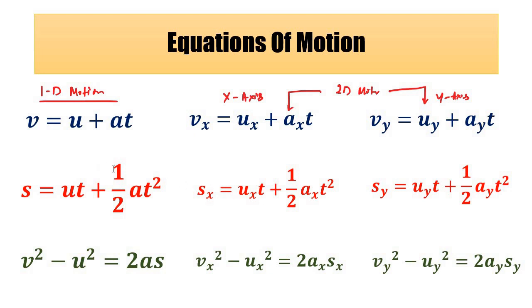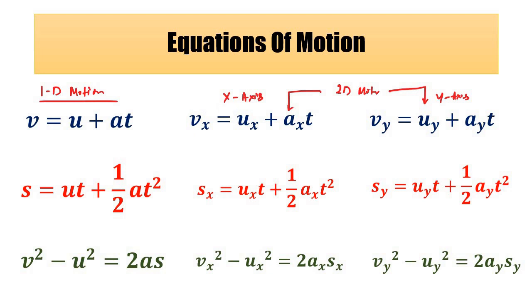The parameters of the motion along the x-axis do not affect the parameters of motion along the y-axis. Similarly, the parameters of motion along the y-axis do not affect the motion along the x-axis.